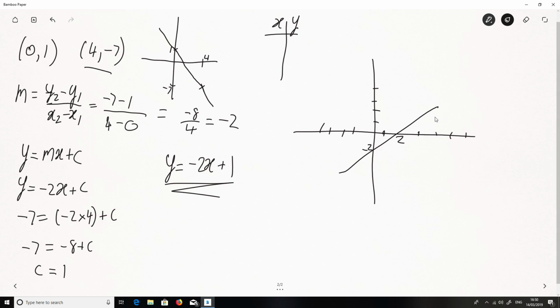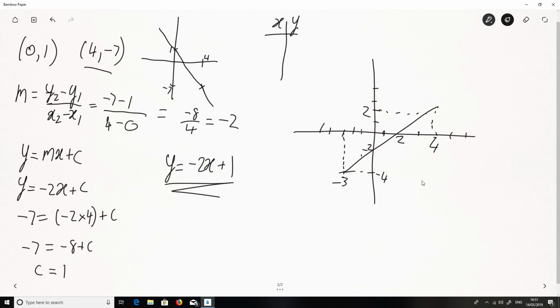So like, say here on my graph, you could take a point of 4, 2. You could also take the point -3 there, and then -4 there.